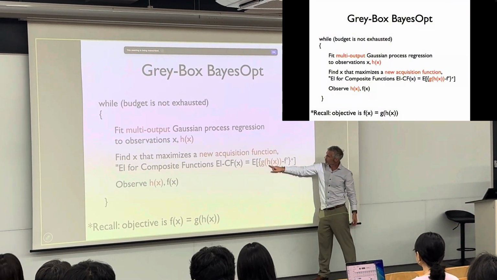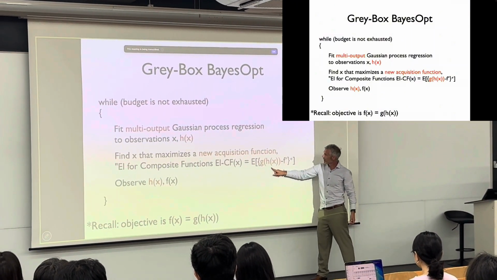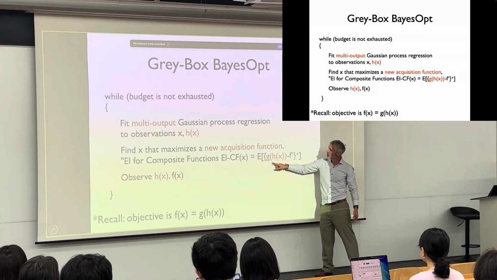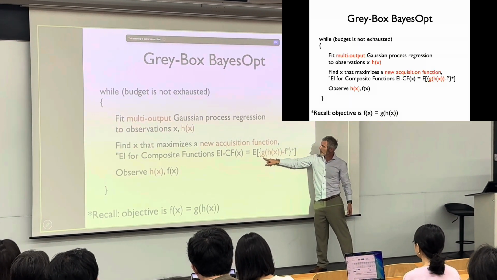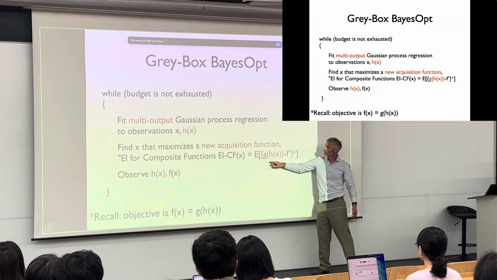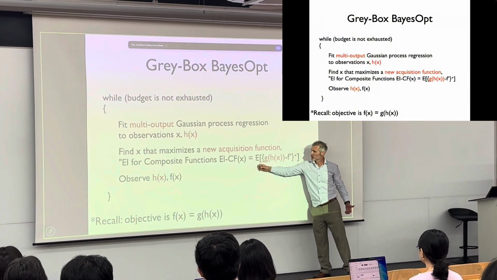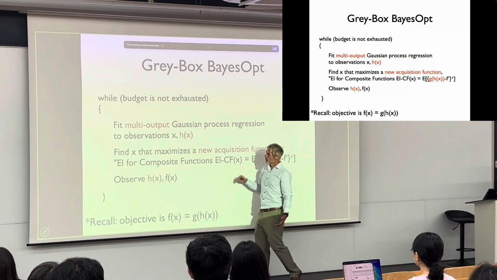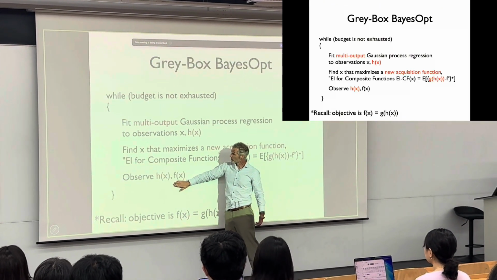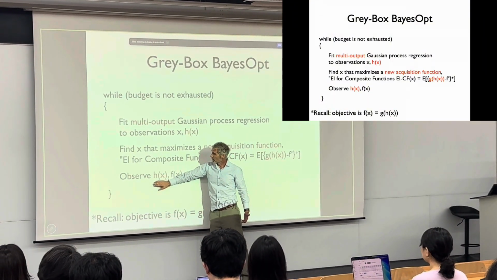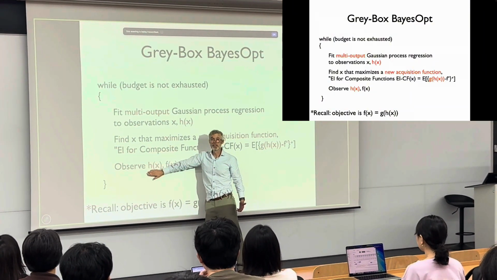Right? So we can sample from our Bayesian posterior probability distribution on h of x, push it through our known function g, and get samples from this, and then by averaging, come up with an estimate of the expected value. And then when we perform that experiment, we don't just observe the final result, we also observe the inner function.